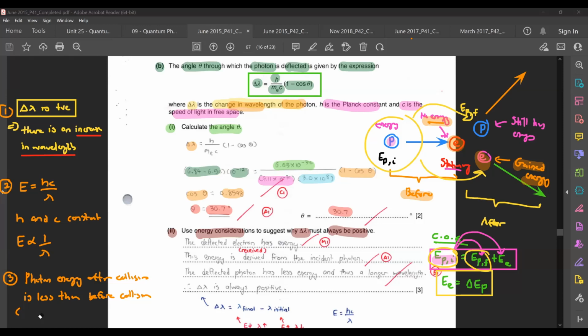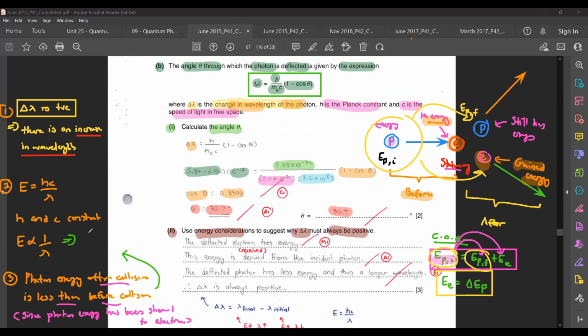Okay, so this one, let me just erase it. This one I could probably say photon energy after collision is less than before collision, since photon energy has been shared to your electron. Now with photon energy after collision being less than before collision, you can relate this to your previous point.